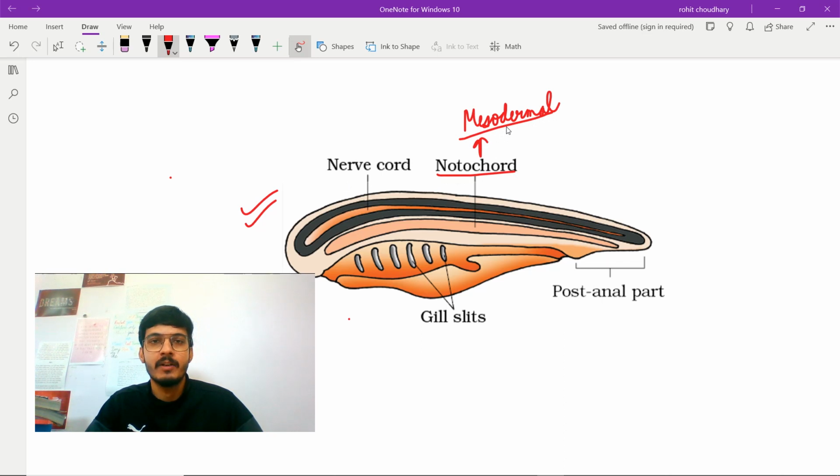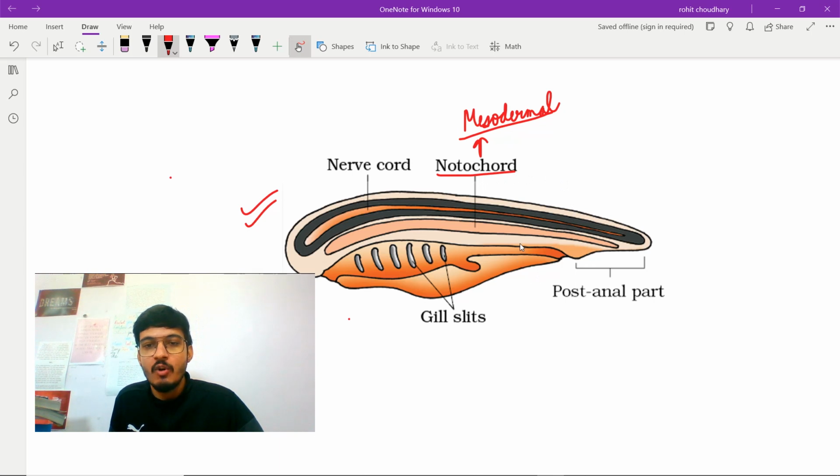The notochord is a solid, elastic, rod-like structure present only in chordates. As you can see, it is present below the nerve cord and above the alimentary canal.